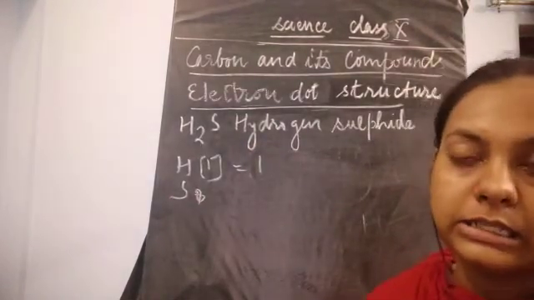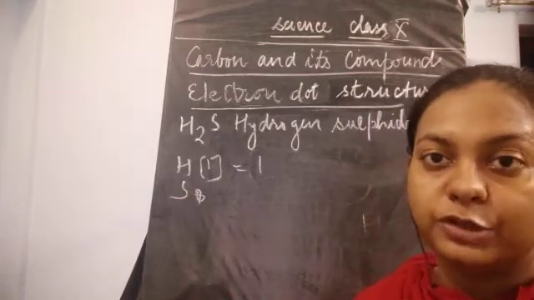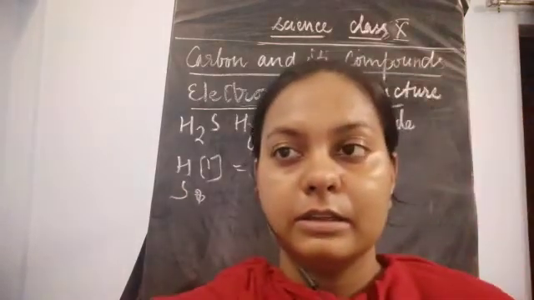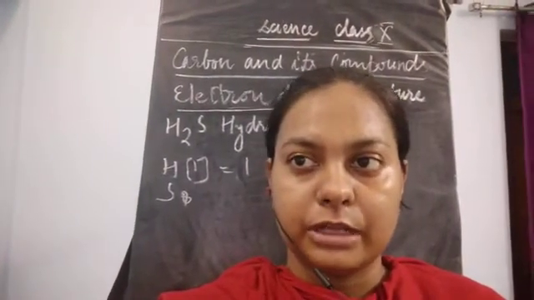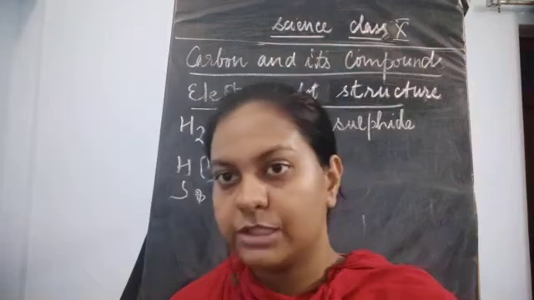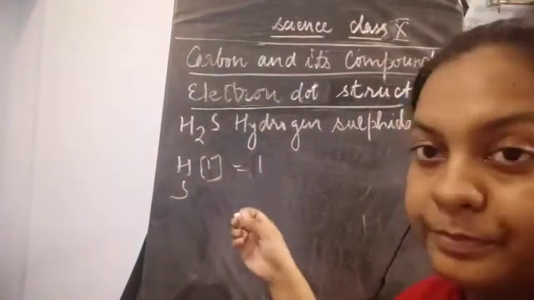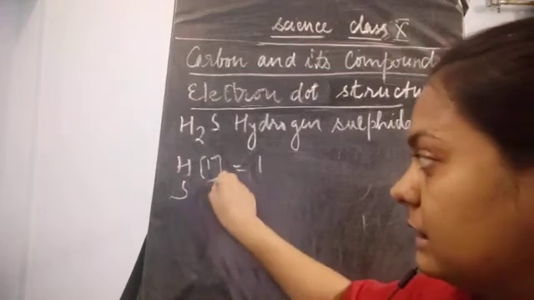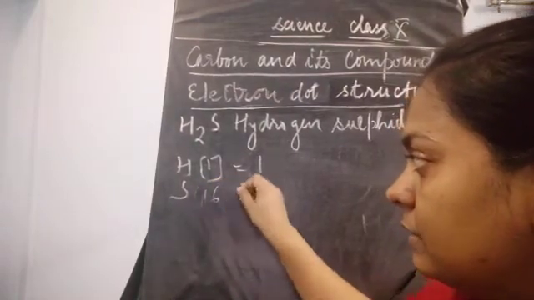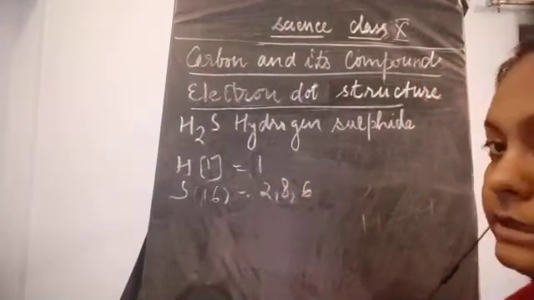Fine. And sulfur is going to have 6 electrons in its outermost shell. Why? Because its atomic number is 16, so it becomes 2, 8 and 6.